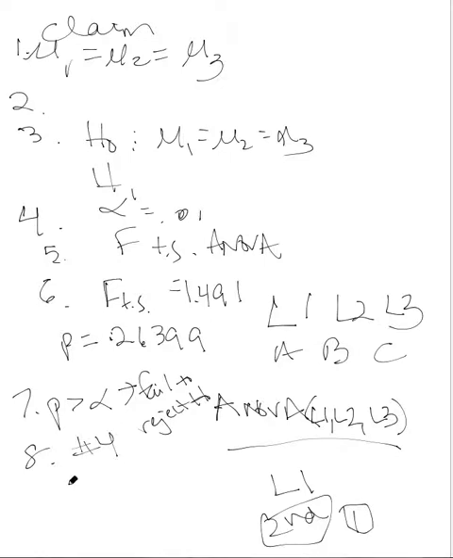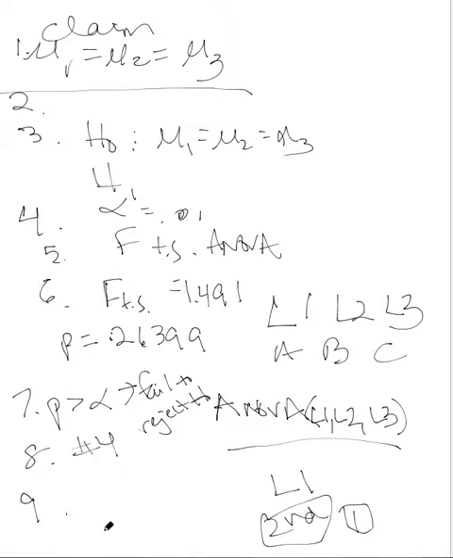There is not sufficient evidence to warrant rejection of the claim up here, that the samples come from populations with the same mean. And then what step 9 says is stated in your own words. And really this had to do with weight losses for people on 3 different exercise programs.